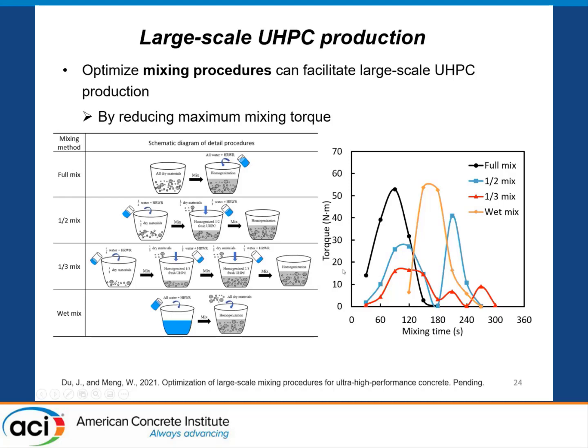And if you have a small mixing capacity mixer, you can still mix it. This method will prolong the total mixing time, but from our preliminary results, the fresh properties of workability and the hardened properties were not significantly influenced. So this is a possible way to reduce the maximum mixing torque and ease large-scale production.